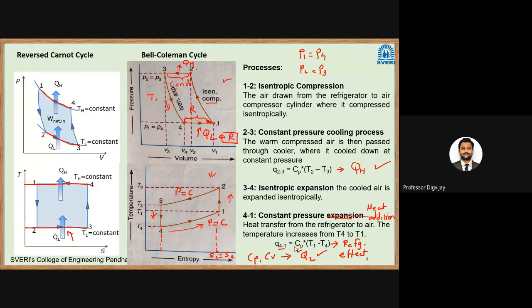My question I will repeat again. We have just seen the Bell-Coleman cycle, and I explained all the processes. Now how to calculate its COP? I want some responses from your side.